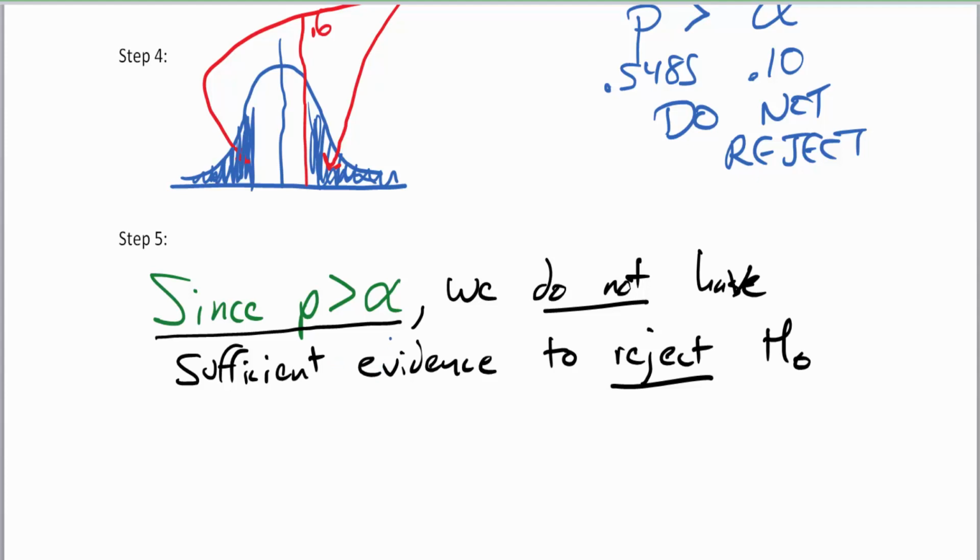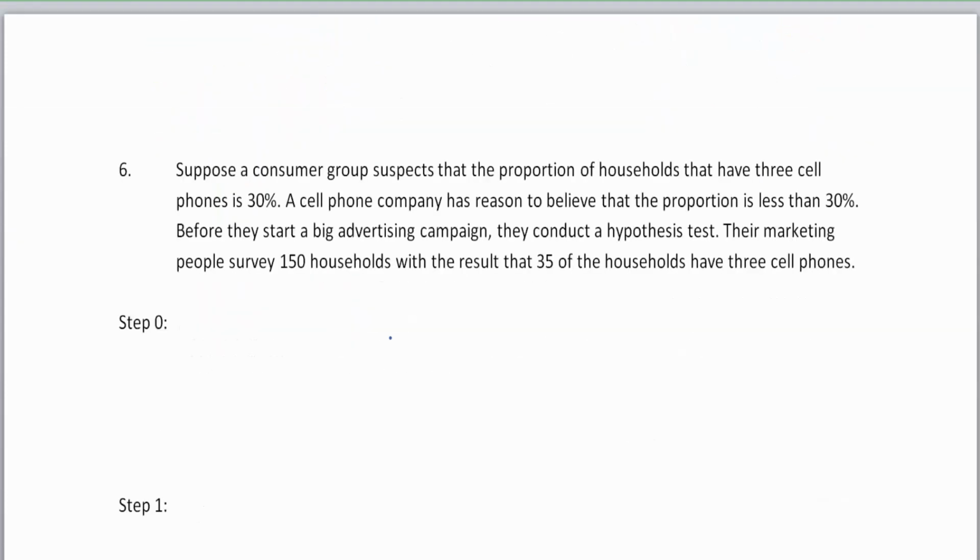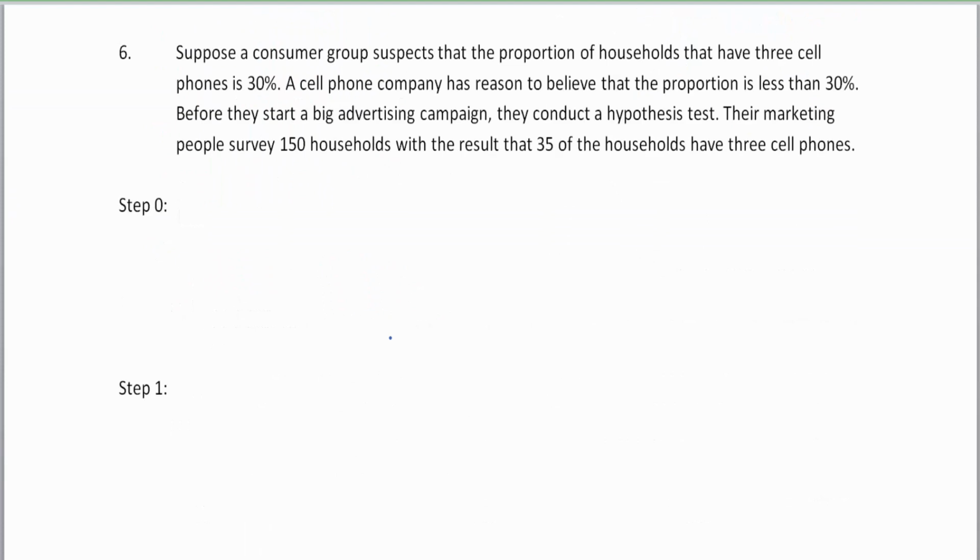Okay, so for our last example, the final problem of hypothesis testing, we're going to look at this consumer group that suspects that the proportion of households that have 3 cell phones is 30%. So that's our null hypothesis. Our null hypothesis is that p sub 0 is equal to 30%, or 0.30.